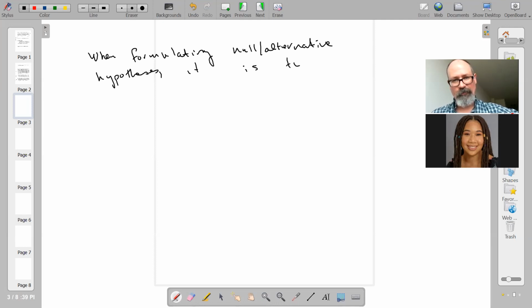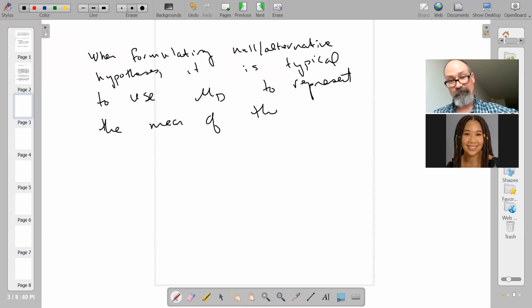It is typical to use a symbol mu sub d to represent the mean of the differences. So when you're doing inferences like we're about to do, that is the symbol that you would use.